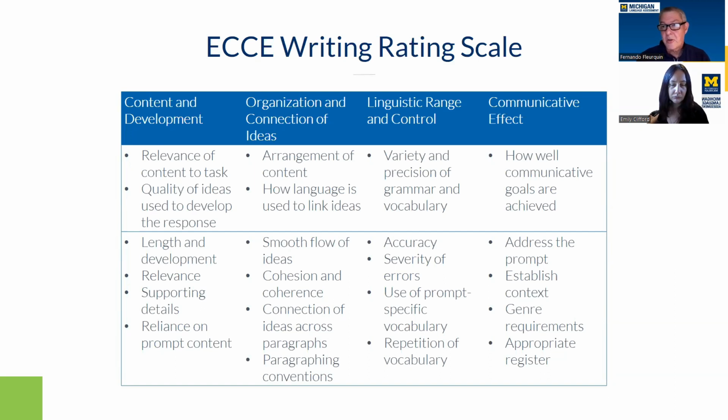If there are errors, do those errors really affect the general message, and do they impair comprehension? And the communicative effect is whether the essay or the different responses that they produce accomplish the communicative goals that they were asked to do. Do they address the prompt? Is it written in the right genre? Do they establish some kind of context? Do they use the right register?